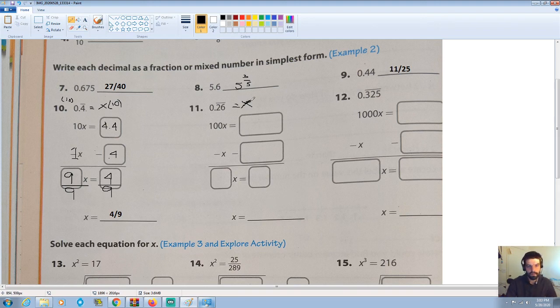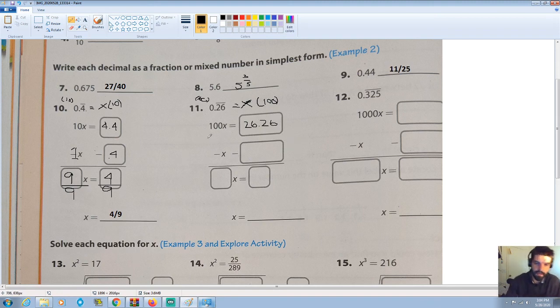So we're going to multiply both sides by 100 to get a value that is greater than 1. Now we have 100x is equal to 26.26. So remember, that 0.26 is repeating, so it repeats the 26.